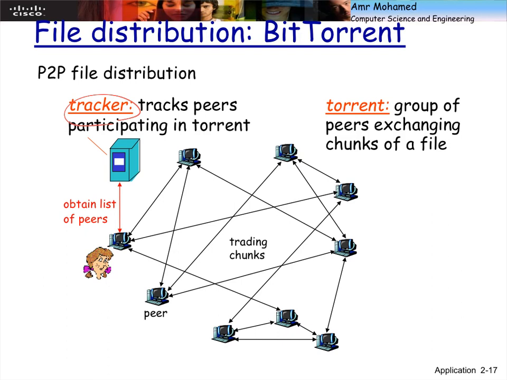So in other words, to answer your question, this is not centralized from the tracker. This is distributed from each peer, and we'll talk about that. So the tracker only maintains the connection or the IP addresses, basically, of the group. Yes. And this group is interested in this file distribution.